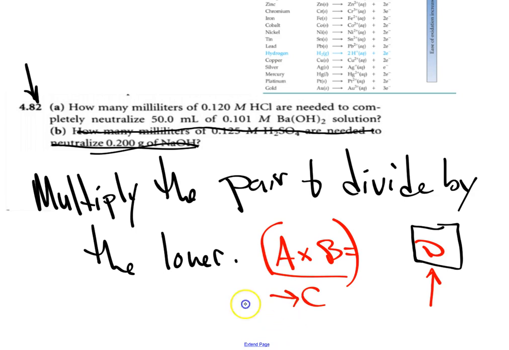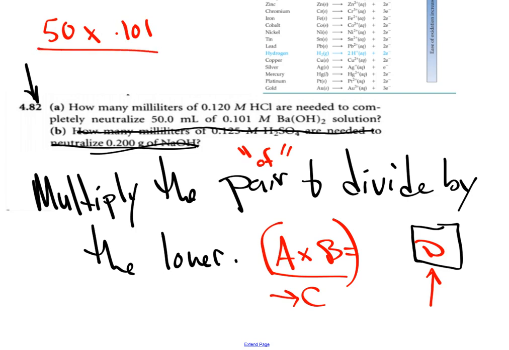Now let me add one little thing here. The pair are the two numbers that are connected by the word of. So now we're ready. We look at letter A in 4.82. How many milliliters of 0.120 molar HCl are needed to completely neutralize 50 milliliters of 0.101 molar barium hydroxide? So what two numbers have the word of between them? 50 and 0.101.